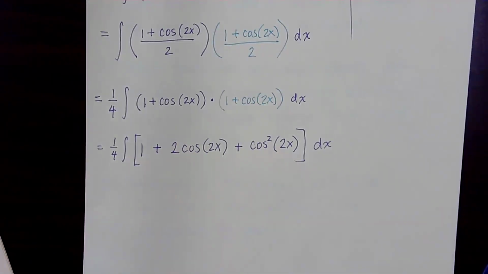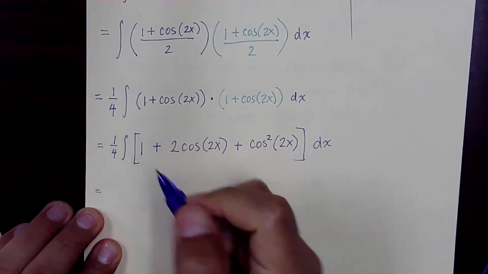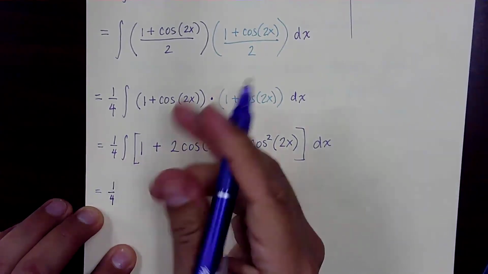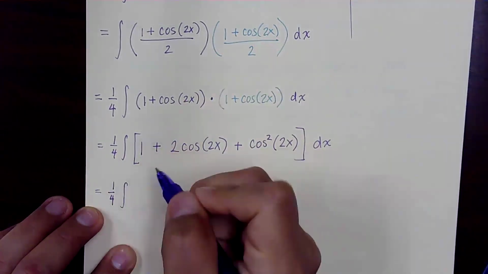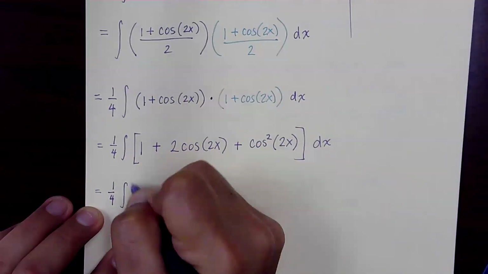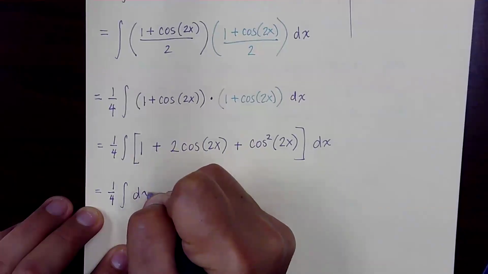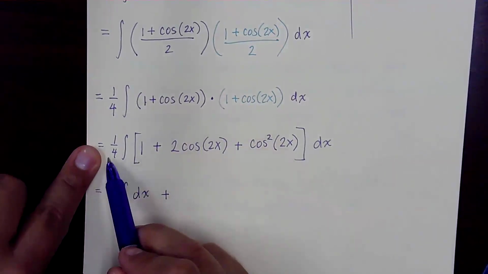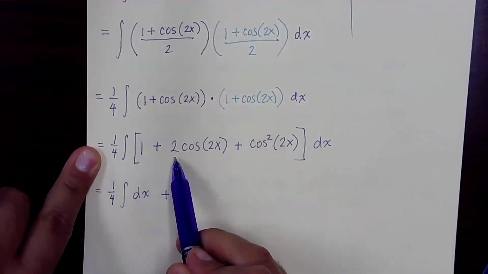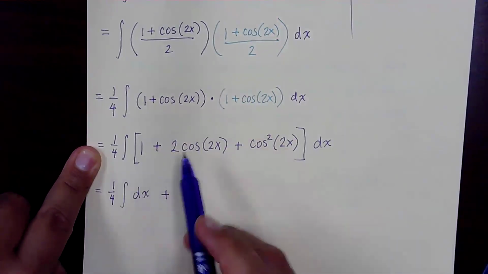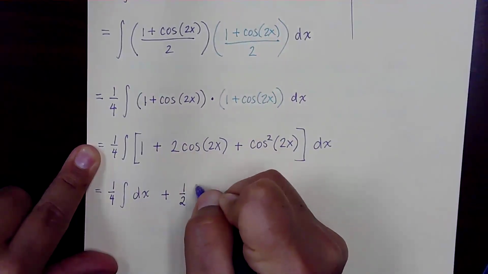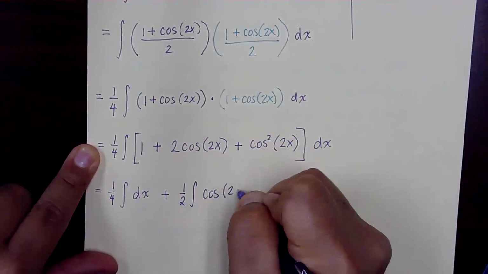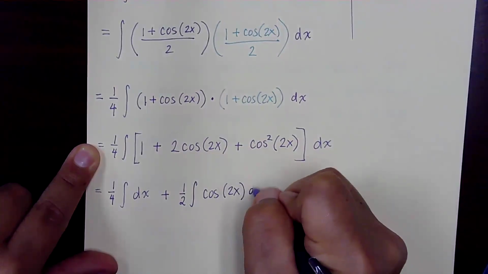Is I'm going to say that this is 1/4 times the integral of, you could write 1 dx, but I'm just going to write dx. Plus, if I distribute the 1/4 here times 2, that's going to be 1/2 times the integral of cosine 2x dx.